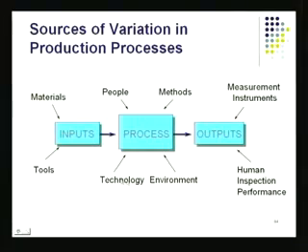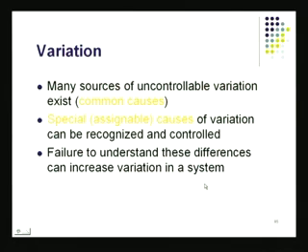It occurs because all these different factors, they are not always in control. That's why we end up with variation. So variation is something that nobody likes. And in particular, quality assurance people or quality managers, they should literally go mad when they see variation. They should go mad and they should try to fix it.